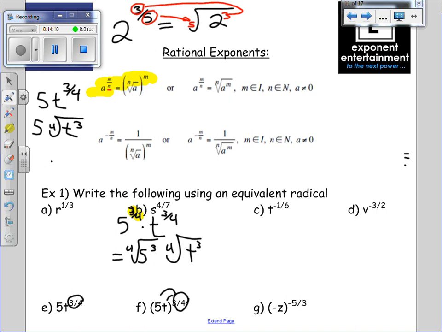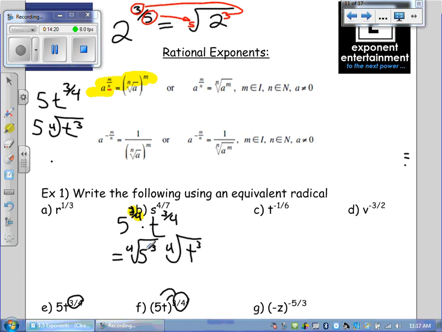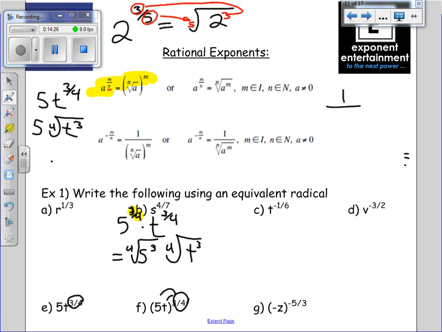Alright, last one. Negative rational exponent. Johnny, how do we get rid of this negative? By putting a 1 over it, right? So it becomes 1 over negative z to the power of 5 over 3. Since Johnny flipped it all to the denominator, the negative on the exponent is gone.